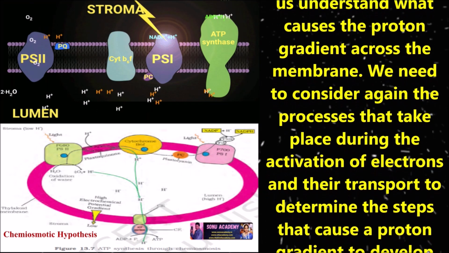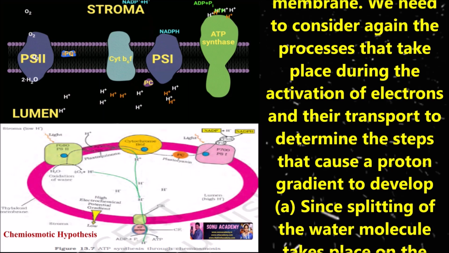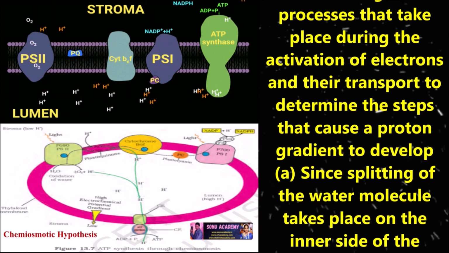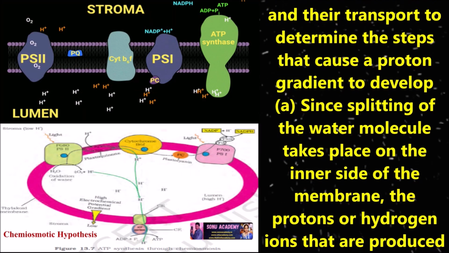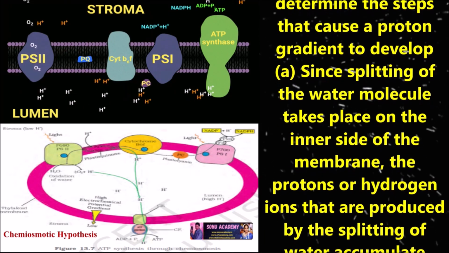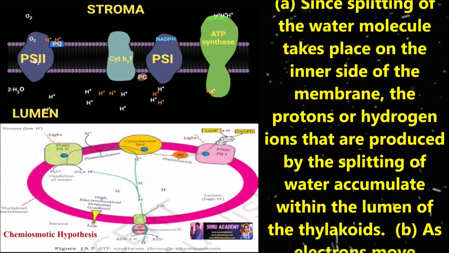Since splitting of water molecules takes place on the inner side of the membrane, the protons or hydrogen ions that are produced by the splitting of water accumulate within the lumen of the thylakoids. As electrons move through the photosystem, protons are transported across the membrane.